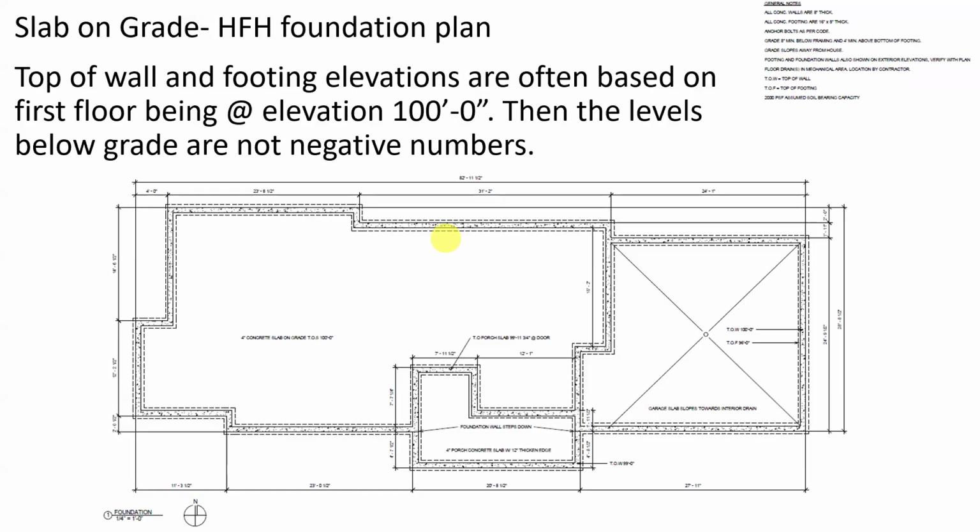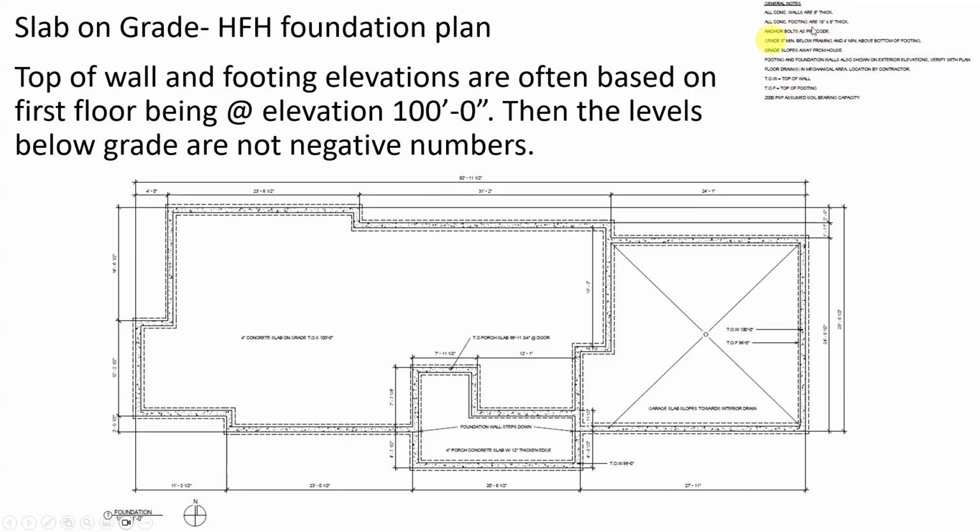But that's too complicated for like just a plus or a minus sign. So they typically would set that first floor at 100 because then your lower levels would never get below 0 because you're never going to have 100 feet below ground. Okay, so that's why it was typically to set the floor elevations at 100 feet.